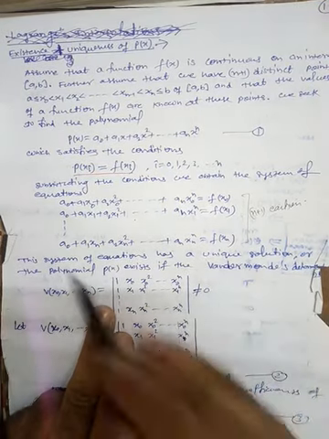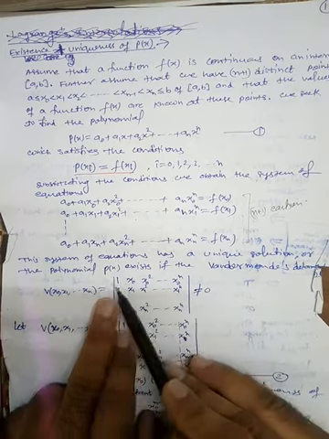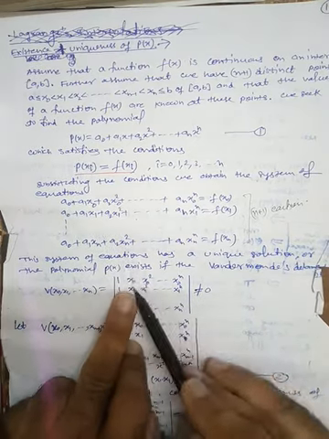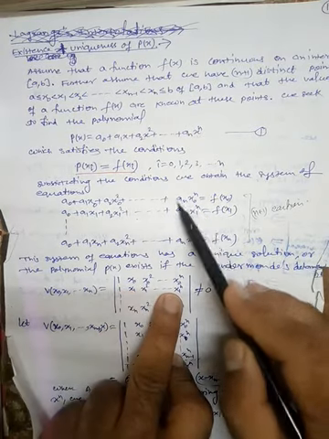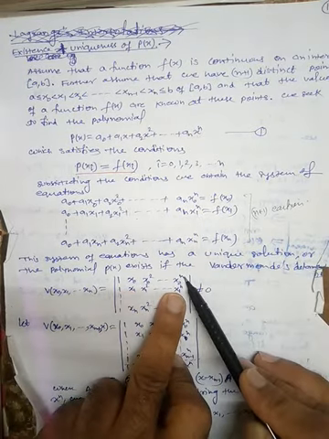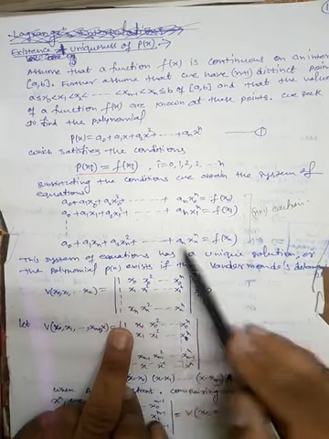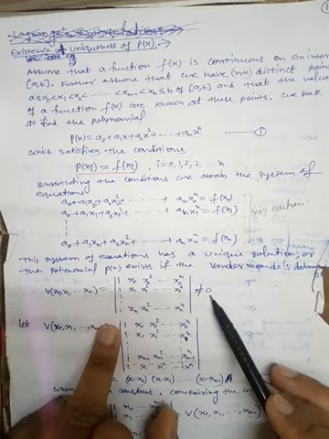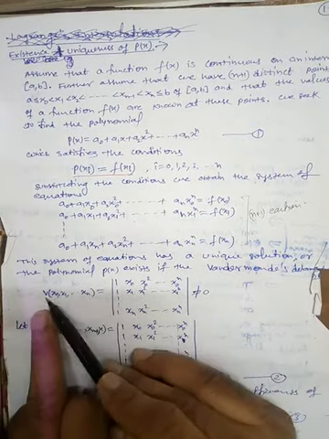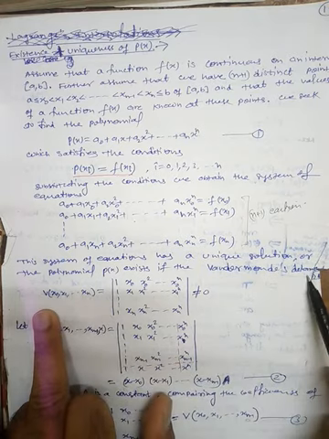If you take the determinant of the system, in the first equation, the coefficient of a naught is 1, the coefficient of a1 is x naught, the coefficient of a2 is x naught whole square, listed here, and the coefficient of an is x naught raised to the power n. Similarly, the second row from the second equation, and from the last equation we have this last row. So this determinant should be non-zero, and this determinant is denoted by V(x naught, x1, ..., xn) and known as the Vandermonde determinant.